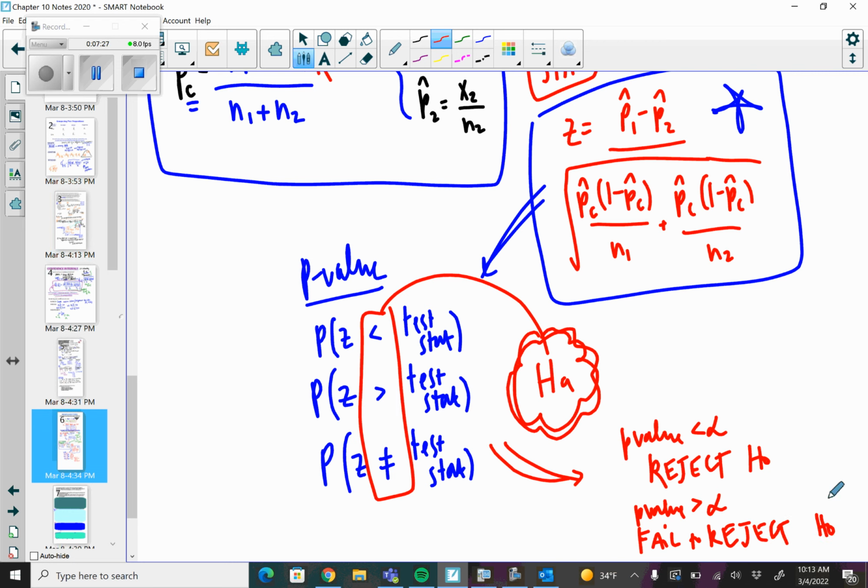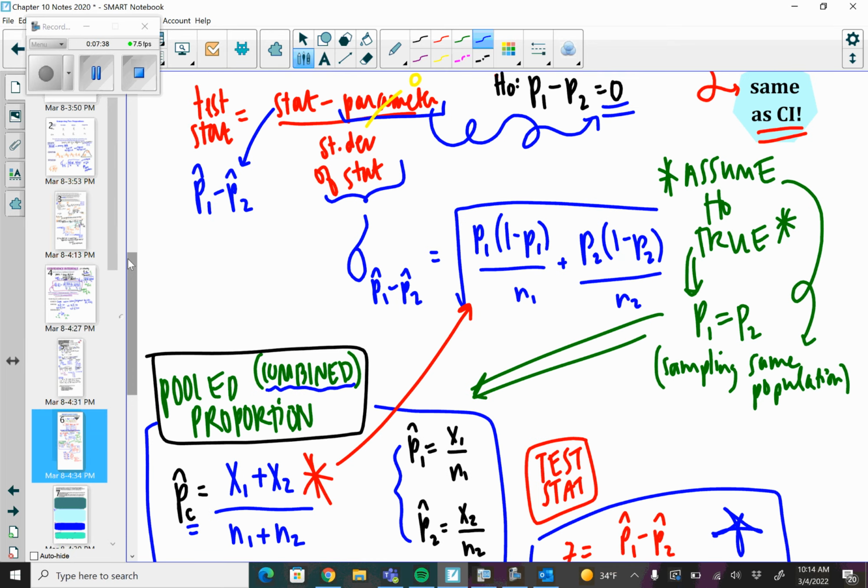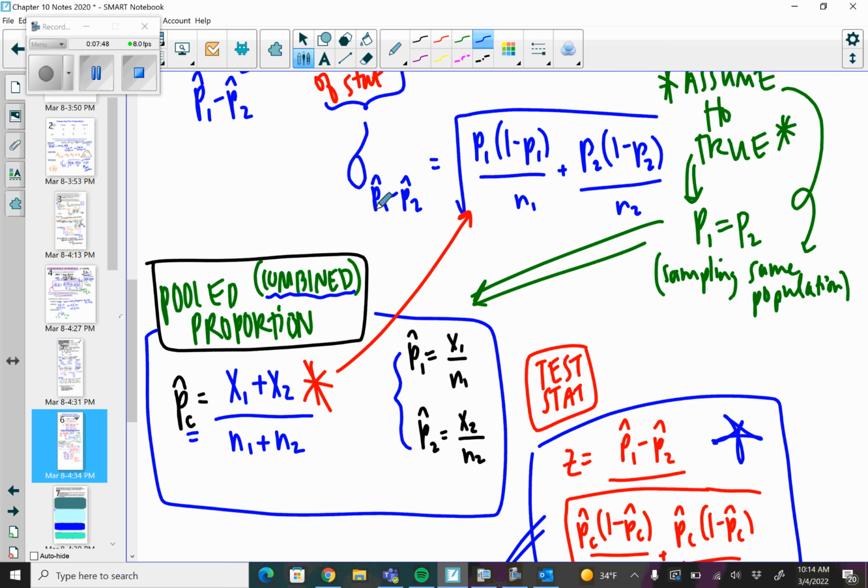So honestly, the only thing that is different is that in this significance test, because our assumption is that our two samples came from the same population, we are assuming the null is true, that the populations are the same. We need to combine them to calculate this standard deviation. Let's look at an example.